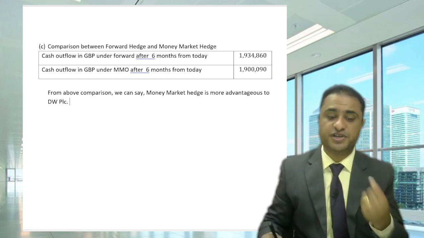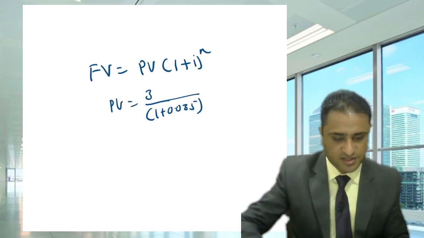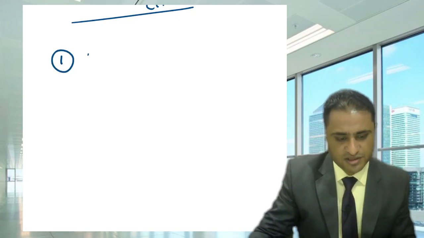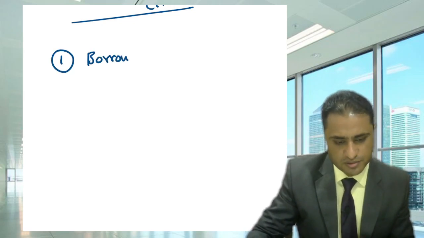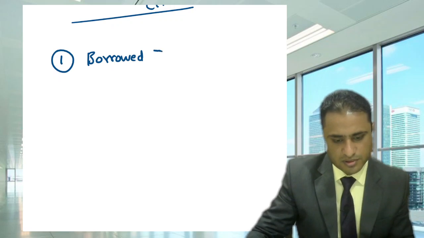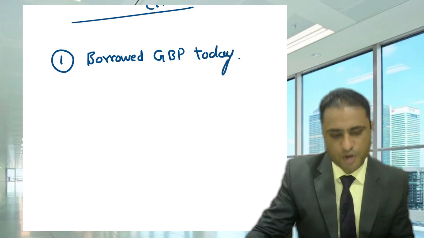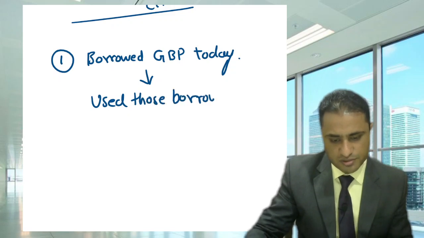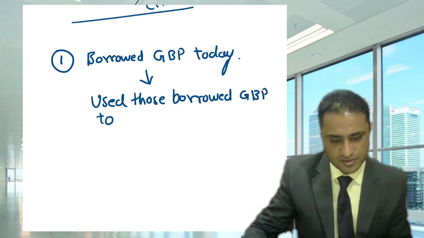So how did we do the money market hedge? Now let's understand easily, step by step, what we did. First thing we did is we borrowed Great Britain pounds today. We used those borrowed Great Britain pounds to buy US dollars.